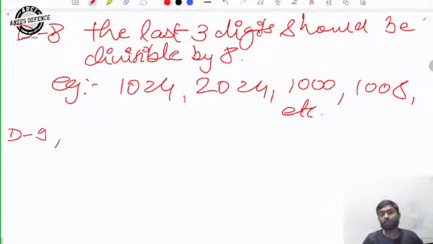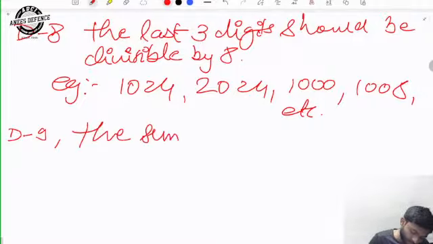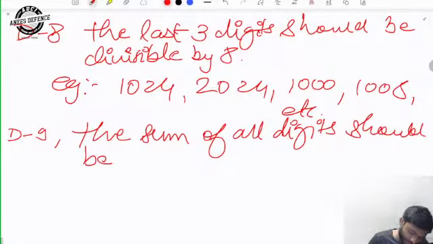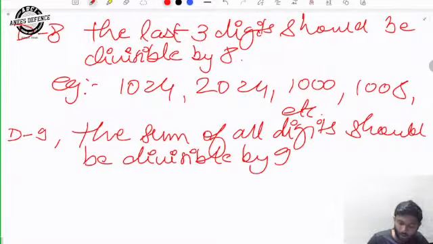Divisibility test of 9. One more easy one. The sum of all digits should be divisible by 9 or a multiple of 9.